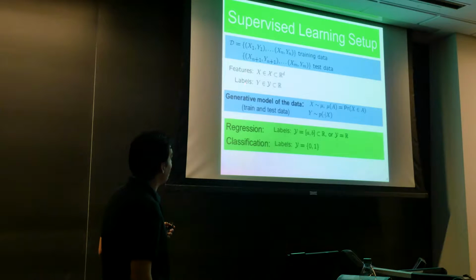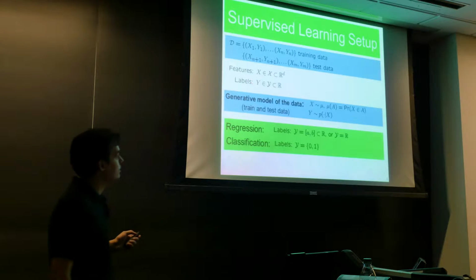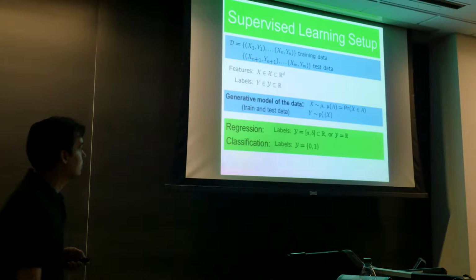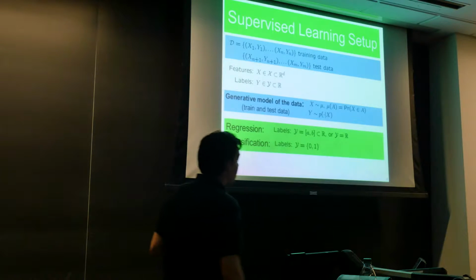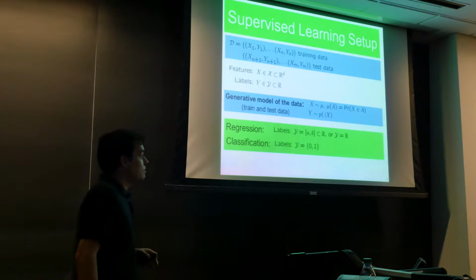And we assume that the inputs are coming from a d-dimensional feature space, and the labels are real numbers. And we assume that there's a joint distribution of the features x and labels y.